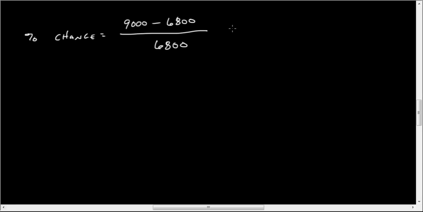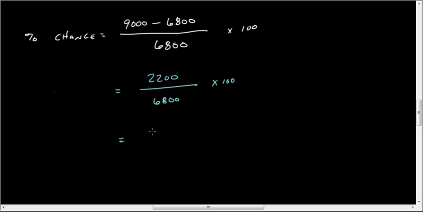And so if I plug that in, my percent change is equal to my end, which is 9,000, minus my beginning, which is 6,800, divided by 6,800. That's where I started increasing. I multiply that by 100. And so this is going to be 9,000 minus 6,800 is 2,200 divided by 6,800 times 100.